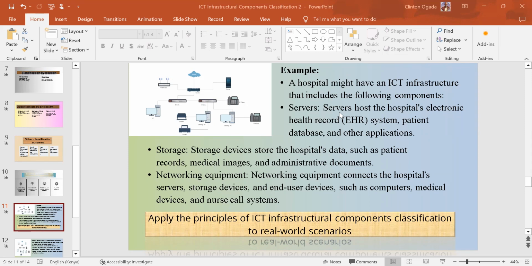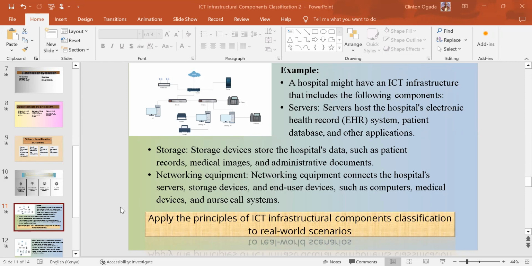We also find storage devices that store hospital data, such as patient records, medical images, and administrative documents. We also see networking equipment that connects the hospital servers, storage devices, and end user devices, such as computers, medical devices, and nurse call systems.